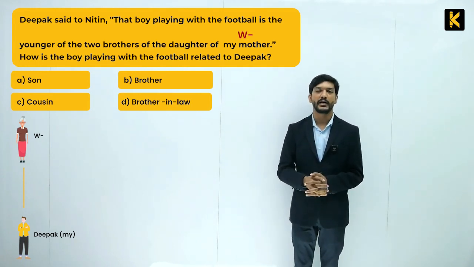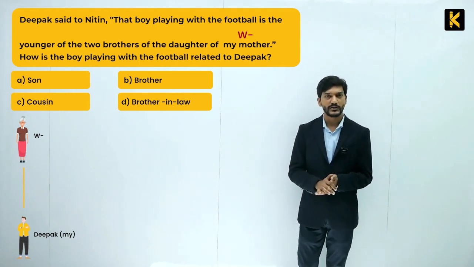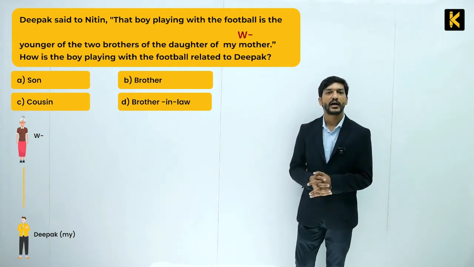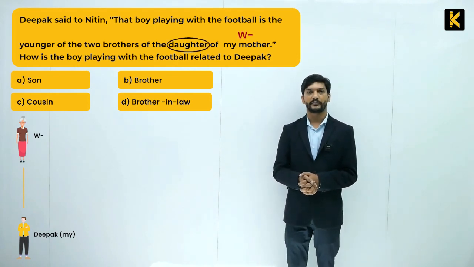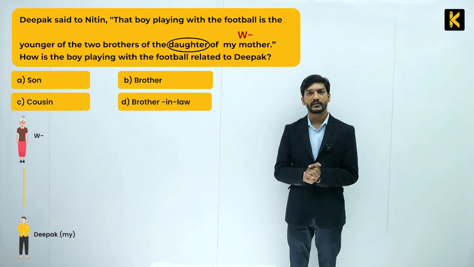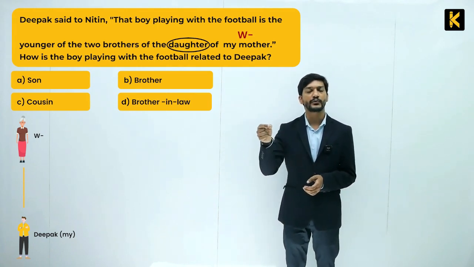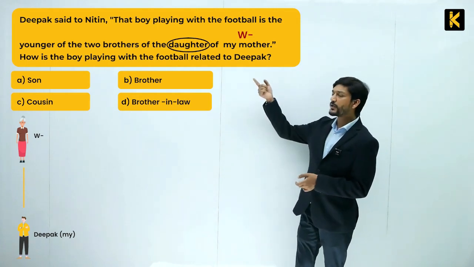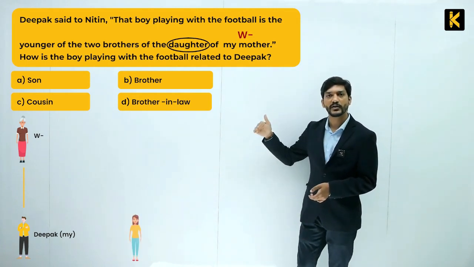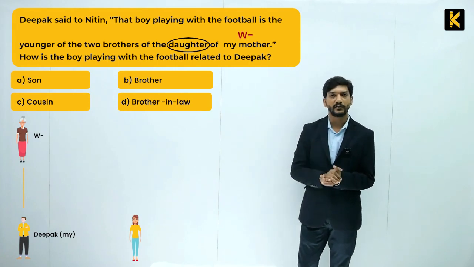Okay. Now go back in the statement, please. Once you go back, you will see that now you have to draw daughter of my mother. My mother means W minus. So daughter of W minus you have to draw. Daughter of W minus will be one generation below. Daughter will be a female, so minus sign will be there.